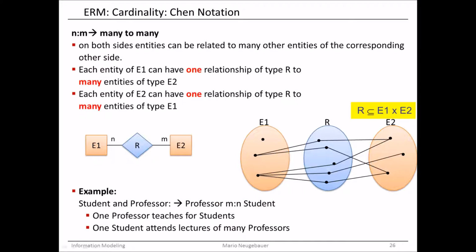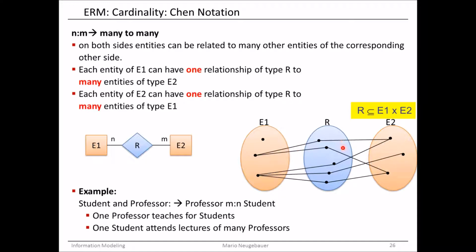So we have exactly this n to m constellation here. One professor teaches many students, and one student attends not only the lecture of one professor, but the lectures of many professors.